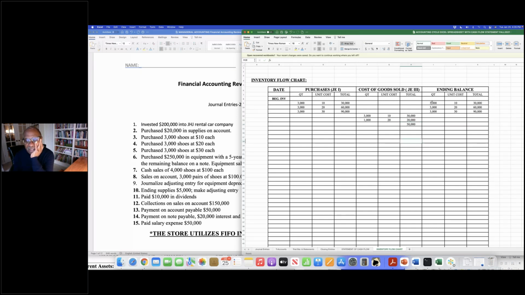But when using FIFO, we're selling the old ones first. So we needed to sell 4,000. We sold all of these, so they're gone. And then we sold part of those. Now, if we look at what we have left, we've got 2,000 at 20, or 40,000.